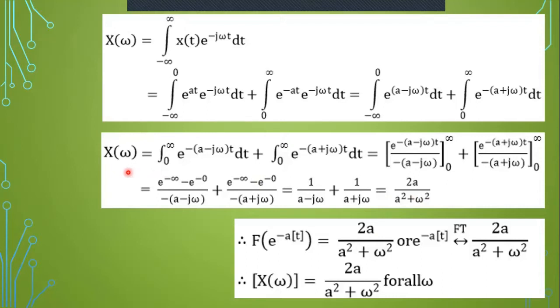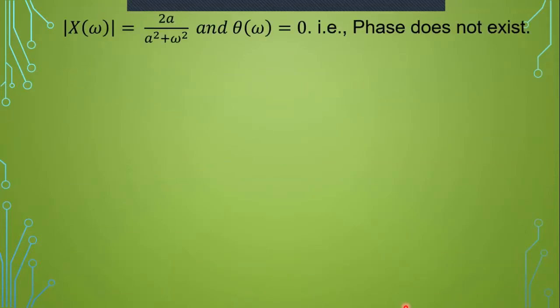Now here, the Fourier transform of the given signal is 2a by a square plus omega square. Only the real part is there. There is no imaginary part. So what is the magnitude? Square root of real part square plus imaginary part square. There is no imaginary part, so the square root is cancelled. What is the magnitude value? 2a by a square plus omega square is the magnitude.